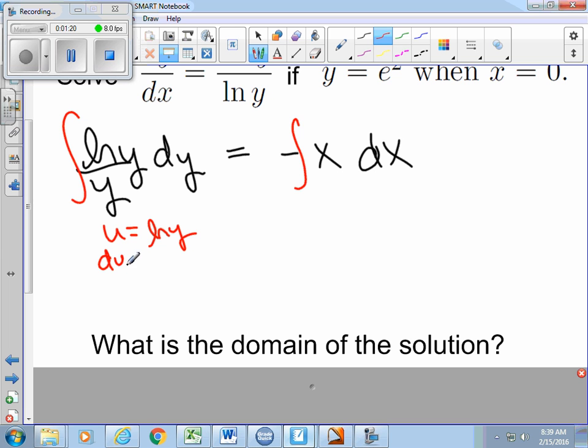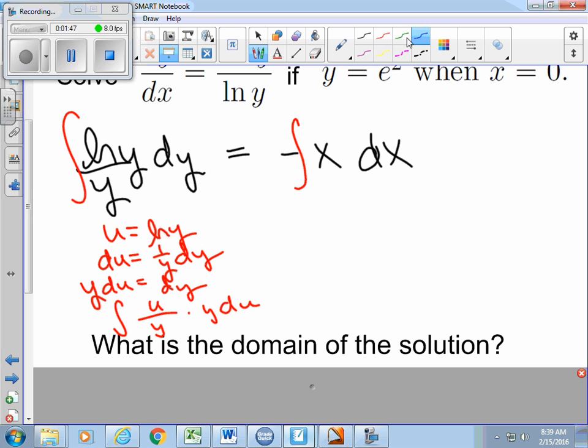I'm going to let u be natural log of y. So sometimes we will still need a u substitution. This is anti-differentiation. If we need it, we use it, whatever that may be to get the antiderivative. So I have the integral of u over y times y du.